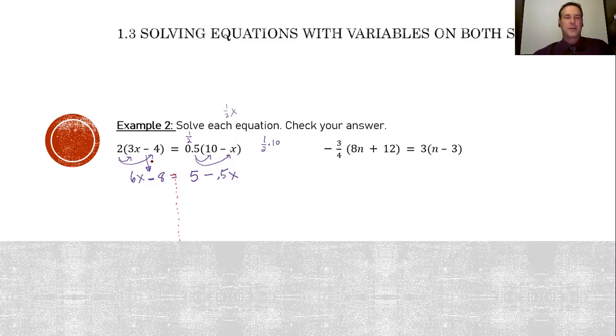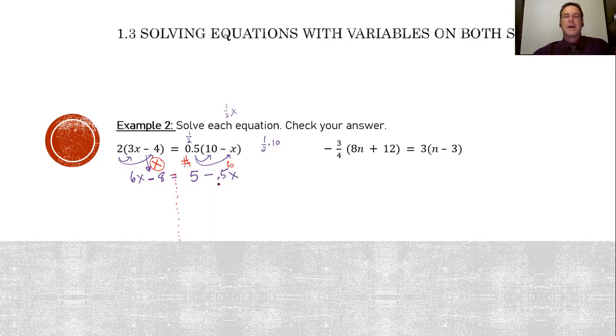I'm going to choose to put the x's over here just because I think it's more comfortable to have the x's on the left side when I can. Further, if that's the case, and I just put plain numbers over here, the nice thing is that my x's are going to be positive. Okay, so here's what's going to happen. I only want x's on this side, so I can't have this x over here. This guy has to go.